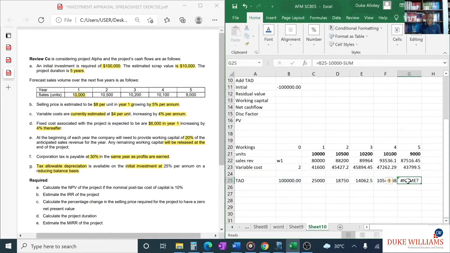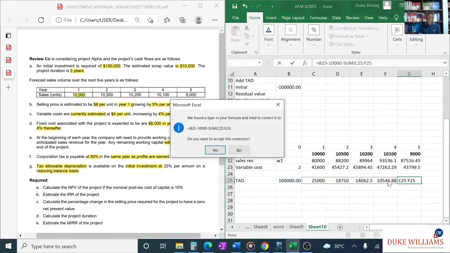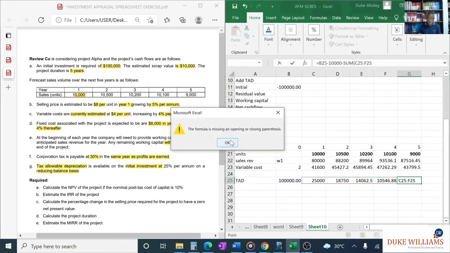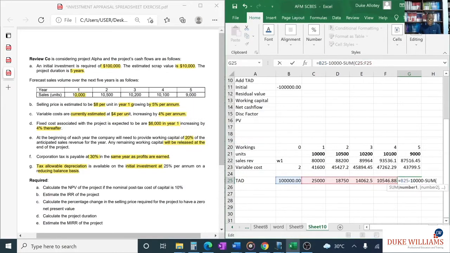Oops, I'm missing something. I think something is missing. Okay, let me just go back and do that. So I'm doing 90,000.